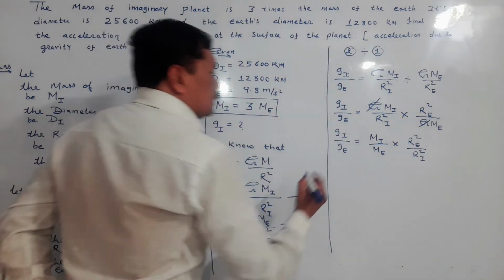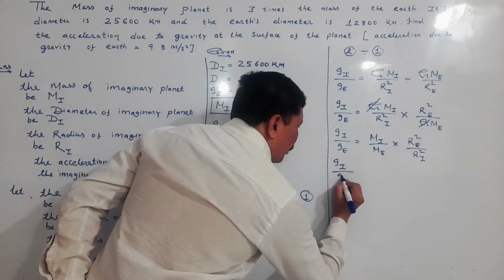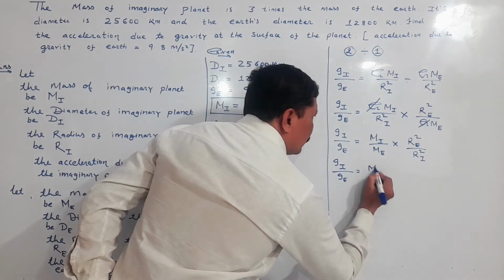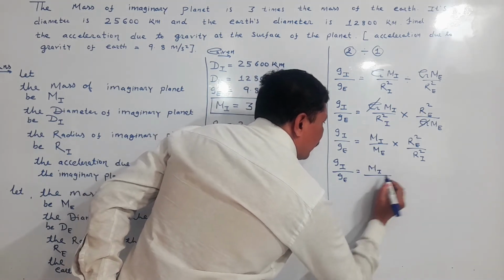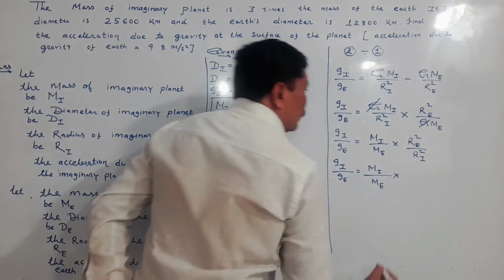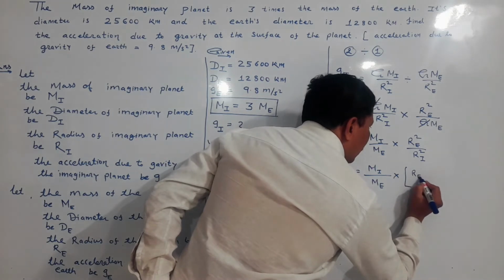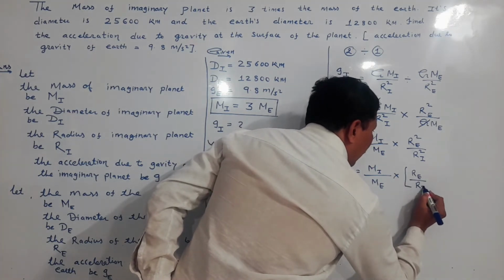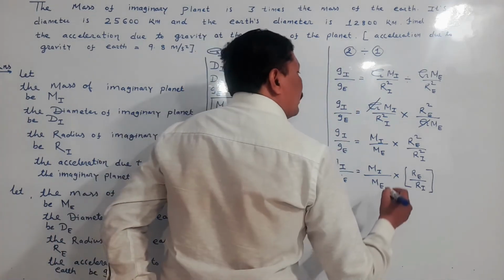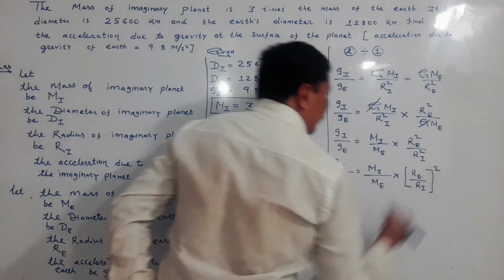My dear student, this we can write in this way: Gi upon Ge is equal to Mi upon Me into Re upon Ri. We'll take it in the bracket and we'll write the square of the bracket.